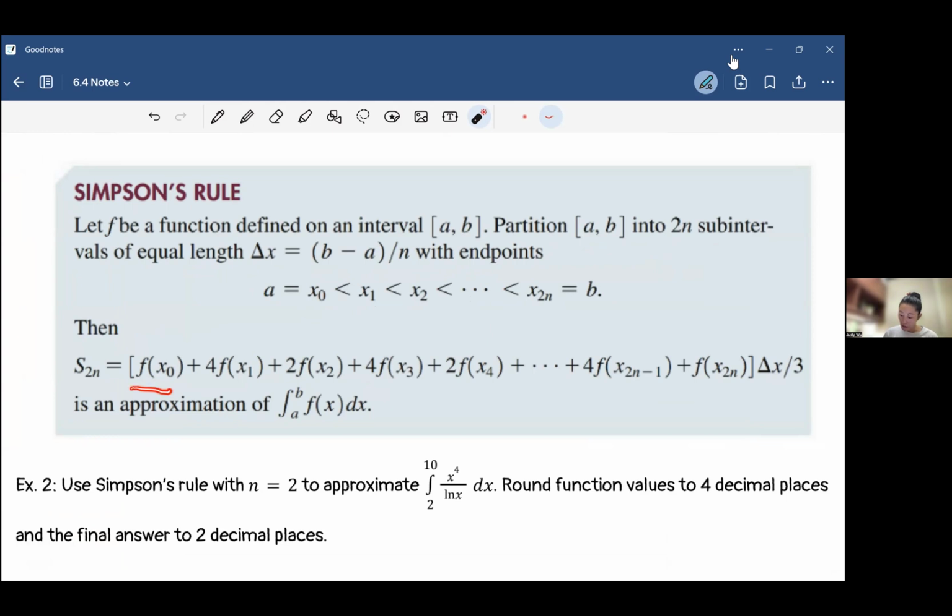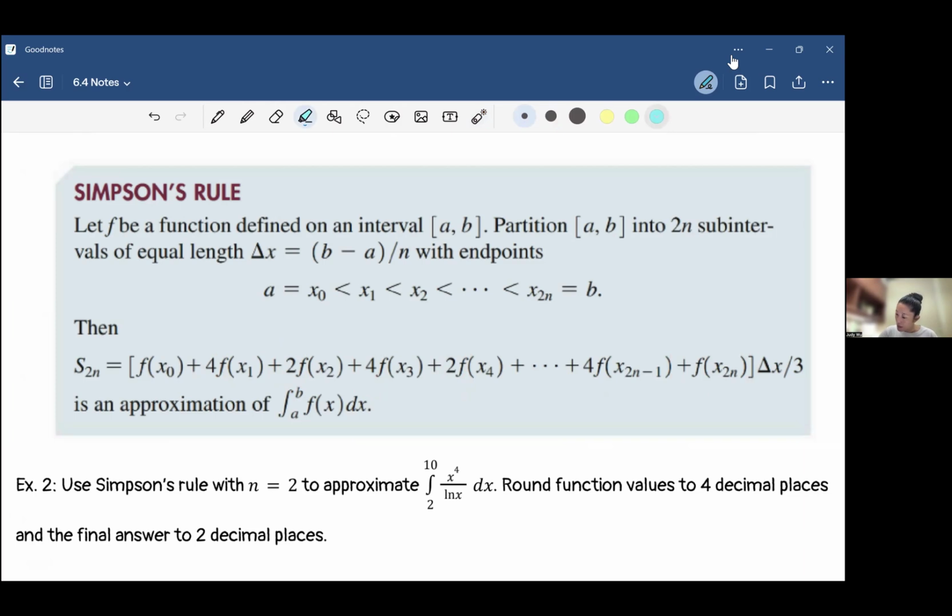We start with a y value once, but then the ones in between alternate, not like trapezoidal. It's going to be 4, 2, 4, 2, 4, 2, 4, 2. You keep going until you get to the last one, and the last y value only happens one time.